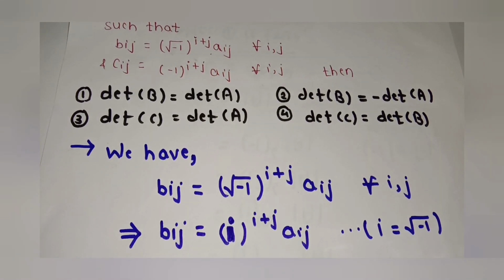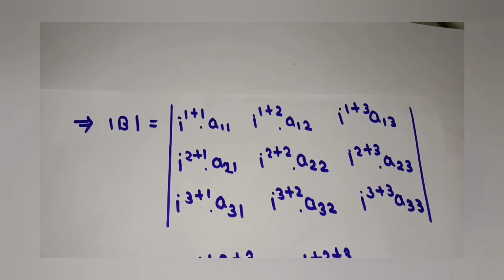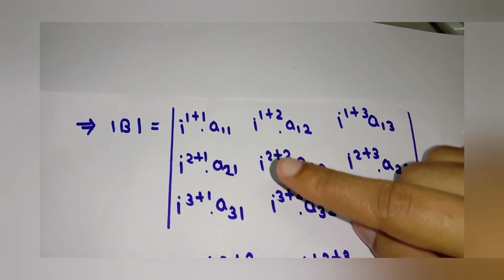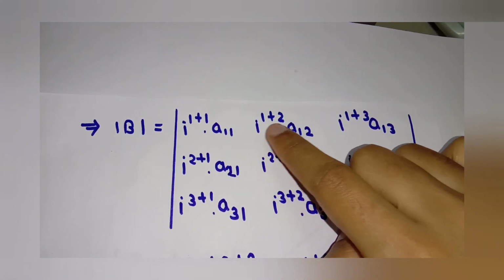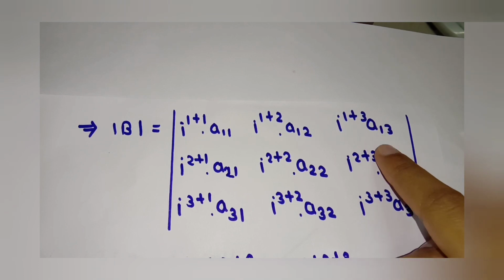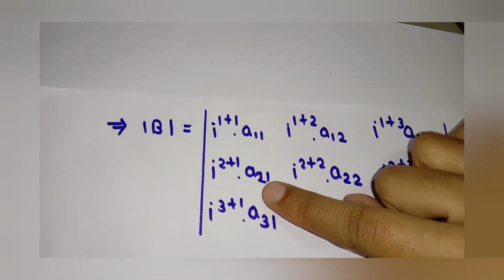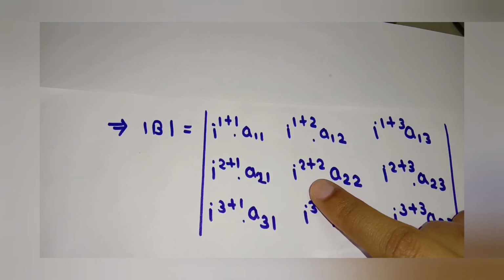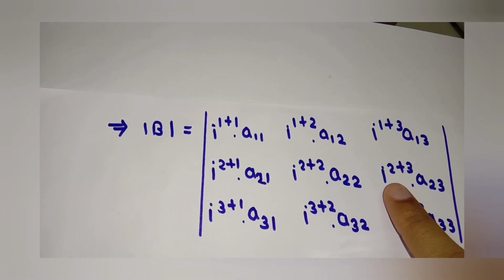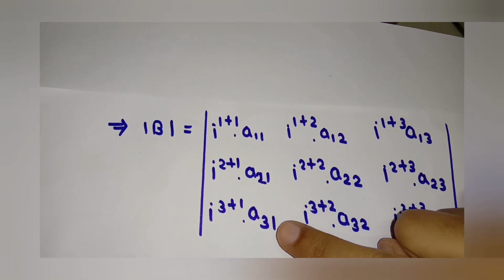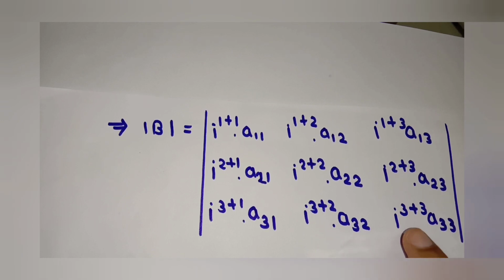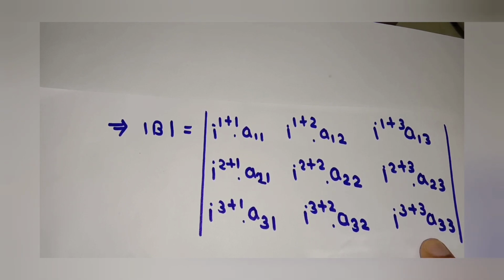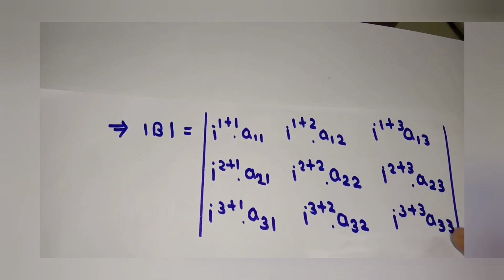So by using the concept of determinant, we have determinant B is equal to determinant of i raised to 1 plus 1 into A11, i raised to 1 plus 2 into A12, i raised to 1 plus 3 into A13, i raised to 2 plus 1 into A21, i raised to 2 plus 2 into A22, i raised to 2 plus 3 into A23, i raised to 3 plus 1 into A31, i raised to 3 plus 2 into A32 and i raised to 3 plus 3 into A33. Here our matrix is of order 3. Therefore our determinant must be of order 3.